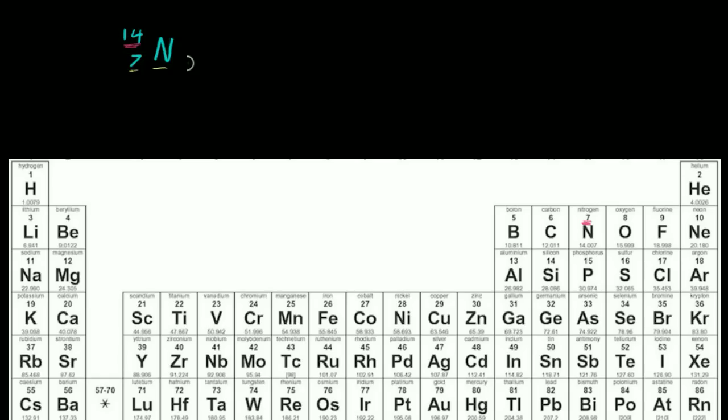So now let me ask you, how many protons are going to be in this isotope of nitrogen? It's going to be the same number of protons in any isotope of nitrogen, because the protons define what kind of element we're looking at. So there are going to be 7 protons. How many neutrons do we have?